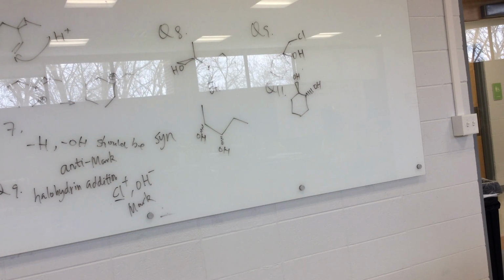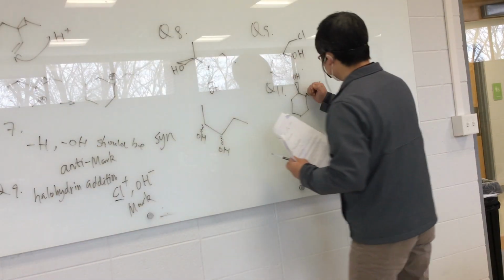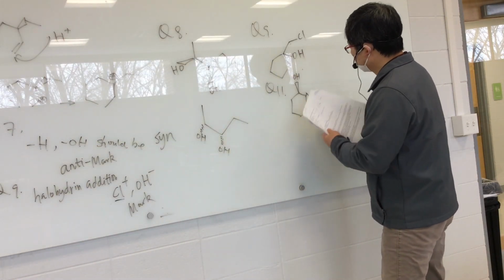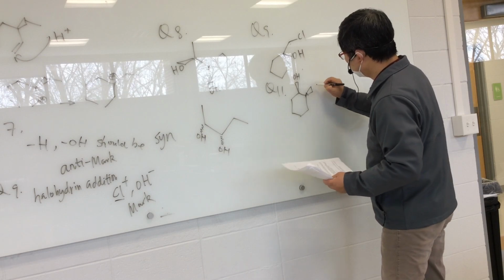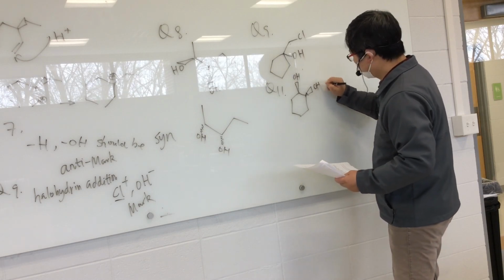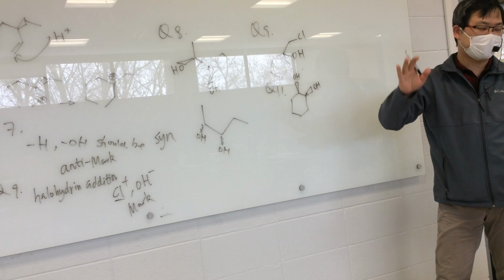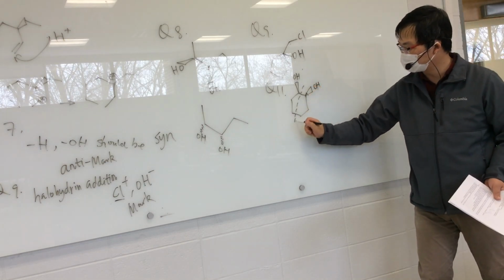I think let me see. Actually, I discussed this in the class a few times, so I will discuss one more time. If both are like this, they must have opposite chirality because there's a plane of symmetry here.